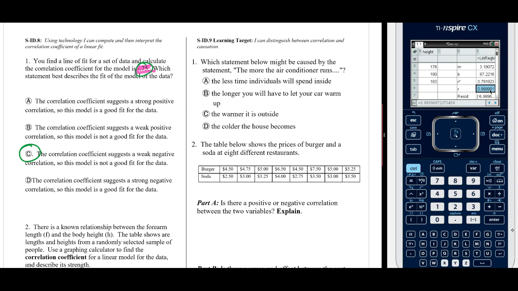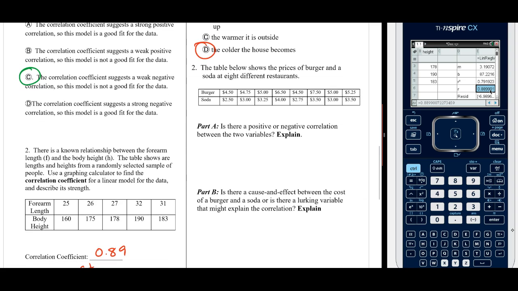Maybe, maybe not. The warmer it is outside? Probably. But does that necessarily, I mean, you could run your air conditioner in the winter. That doesn't make it warmer outside. The only thing that has a direct cause and effect is the more the air conditioner runs, the colder the house becomes.